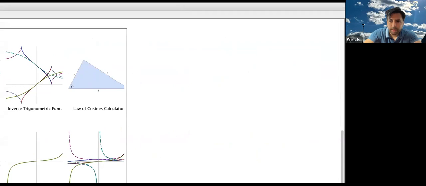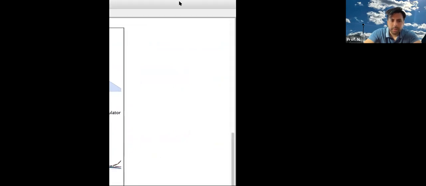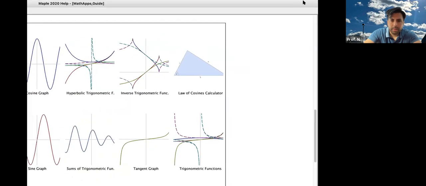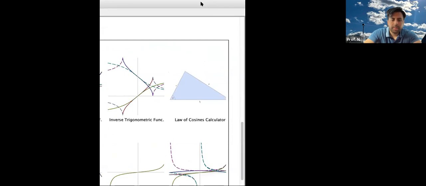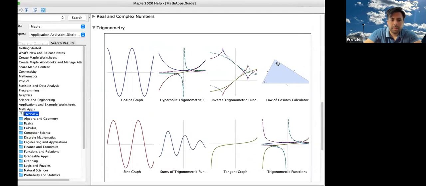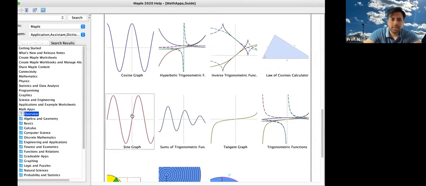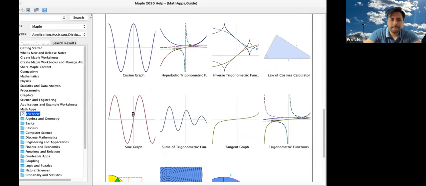It's a little big. All right, so I want to show you this sine curve. I have to share another screen with you. Hold on one second. Yeah, there we go.